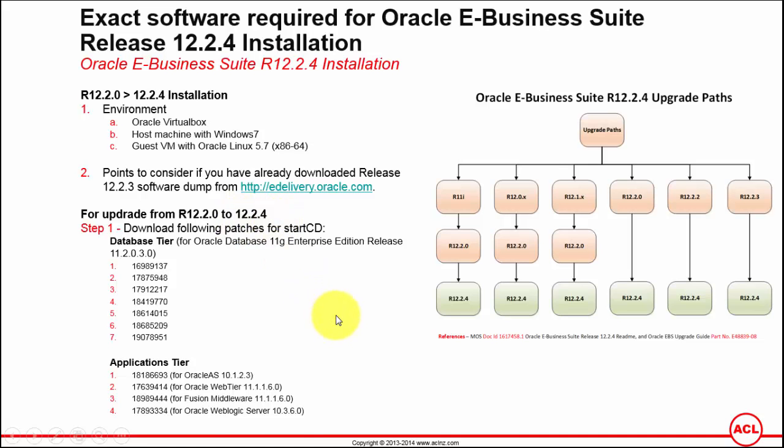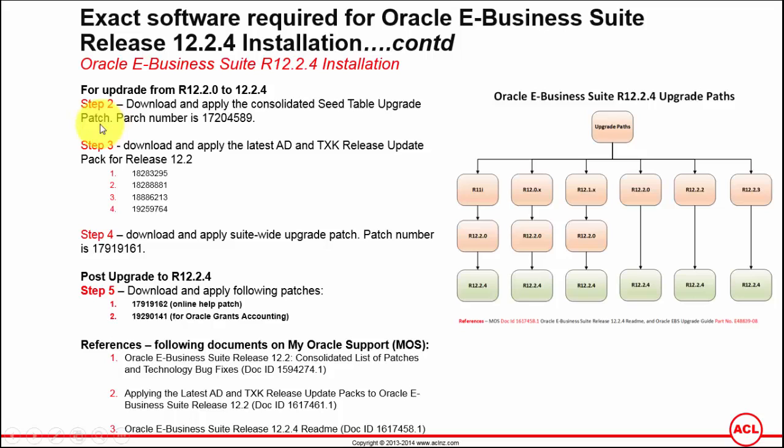Once you have done that, then as step number 2, you've got to download and apply the consolidated seed table upgrade patch. This patch number is 17204589. Once you have applied this patch, then you've got to download and apply the latest AD and TXK release update packs for release 12.2, which includes the 4 patches.